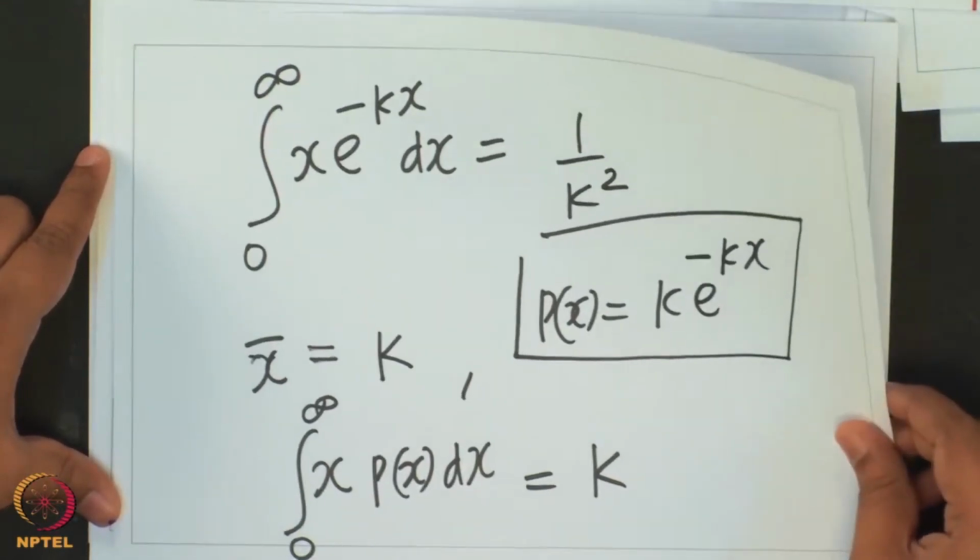So I urge you to do this, using this product of two functions. Many times, whenever you have two functions, you would want to use one as the derivative and the other as this kind of function.